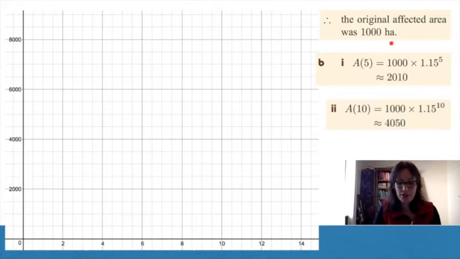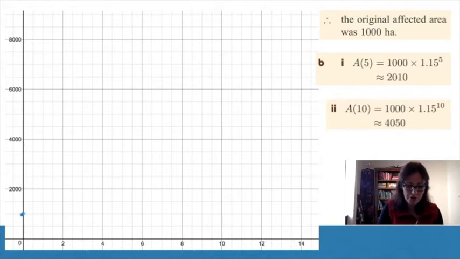So here are these points that I talked about. The original is 1,000, so we would put some dots on here. I'm going to draw a rough graph here, and then you'll see it neatly done on the next page. And after 5 weeks, we need 2,010 hectares. So you go across to 5 on your n axis, if you like. You label yours properly.